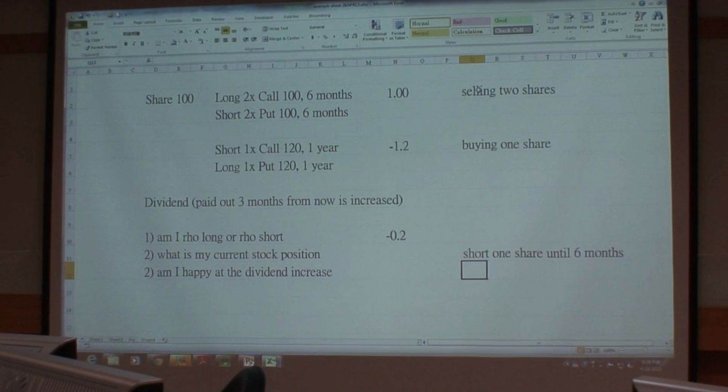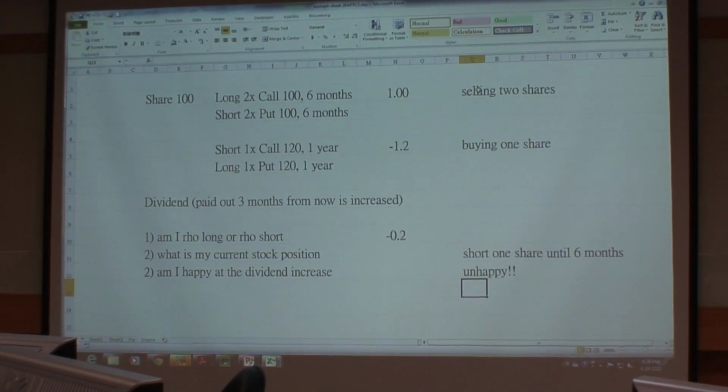That brings us to the question, if suddenly a dividend is increased and I'm short a share, that costs me money. Agreed? So here you see the combination, I'm rho short, and still I lose money on the dividend increase.